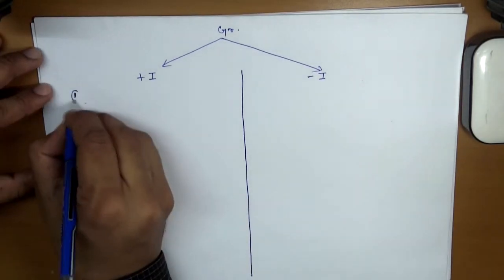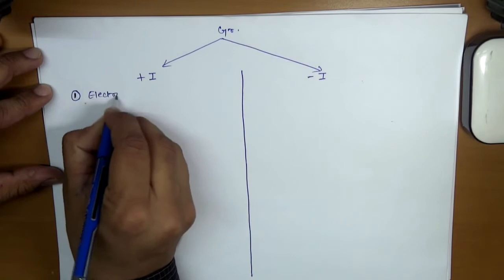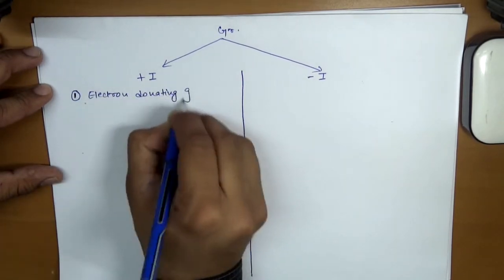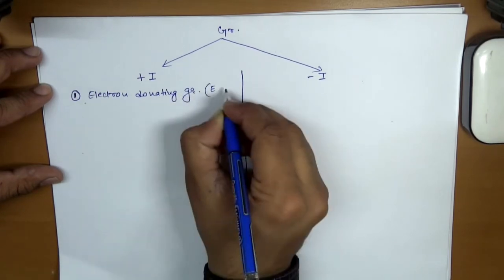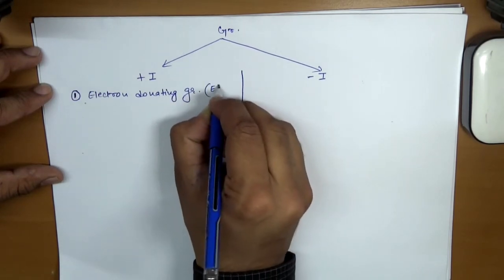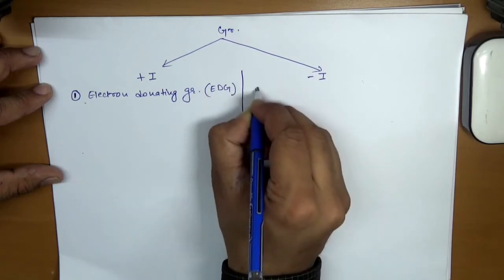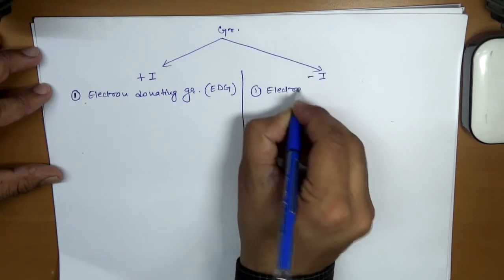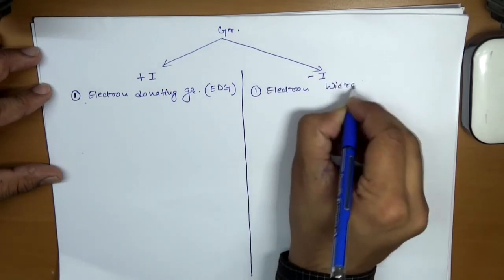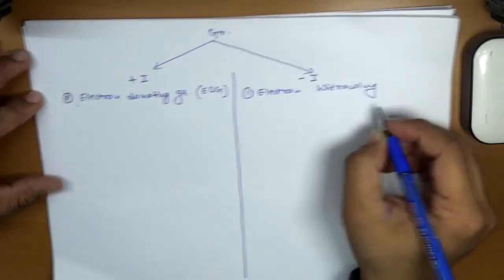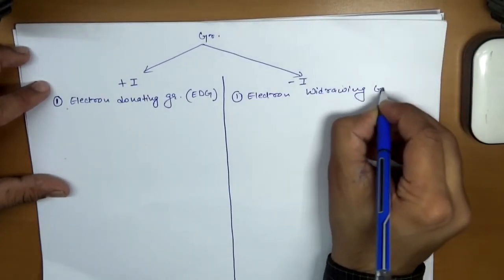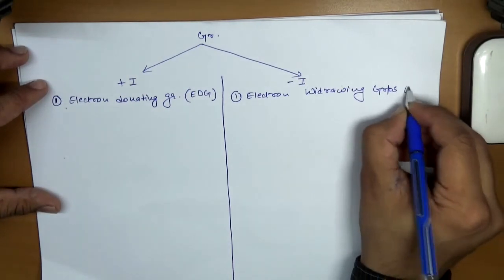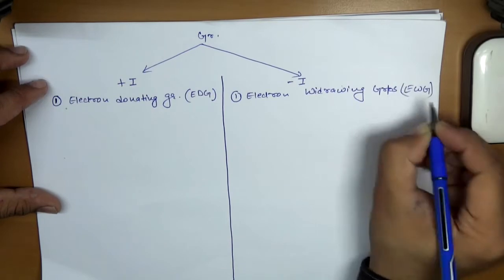The plus I groups are also called electron donating groups, which in later videos I will abbreviate as EDG, and the negative effect groups are called electron withdrawing groups, which we will abbreviate as EWG.